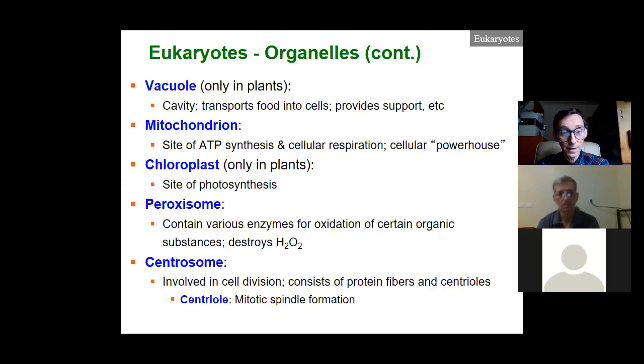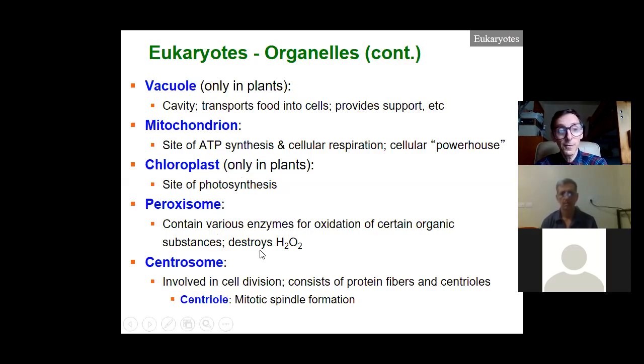Peroxisomes contain various enzymes for oxidation of certain organic substances. Peroxisomes can destroy H2O2, which is a poison that our cells can make when we're engaging in aerobic respiration.